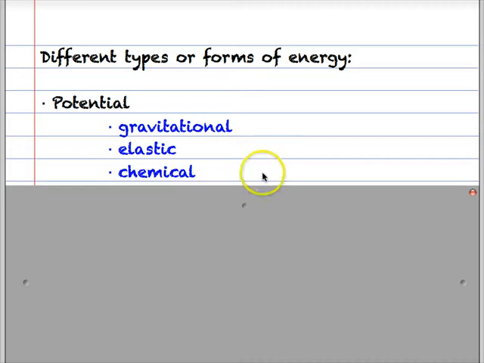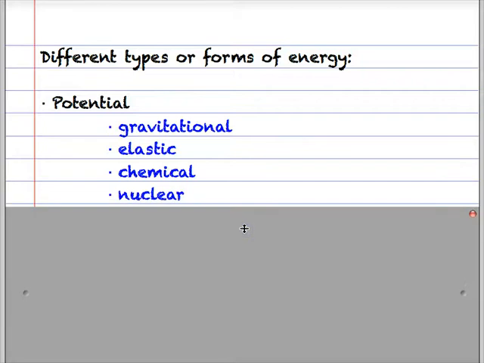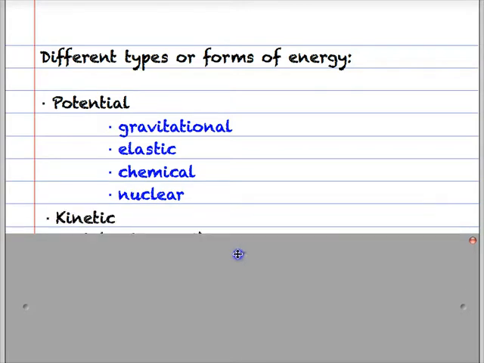Chemical potential energy, anything that we can burn or eat in general will have chemical potential energy. It's energy stored in the bonds between atoms and molecules. And nuclear potential energy, when we break nuclei up or maybe stick nuclei together, we can release nuclear energy, like in a nuclear power station or nuclear weapons.